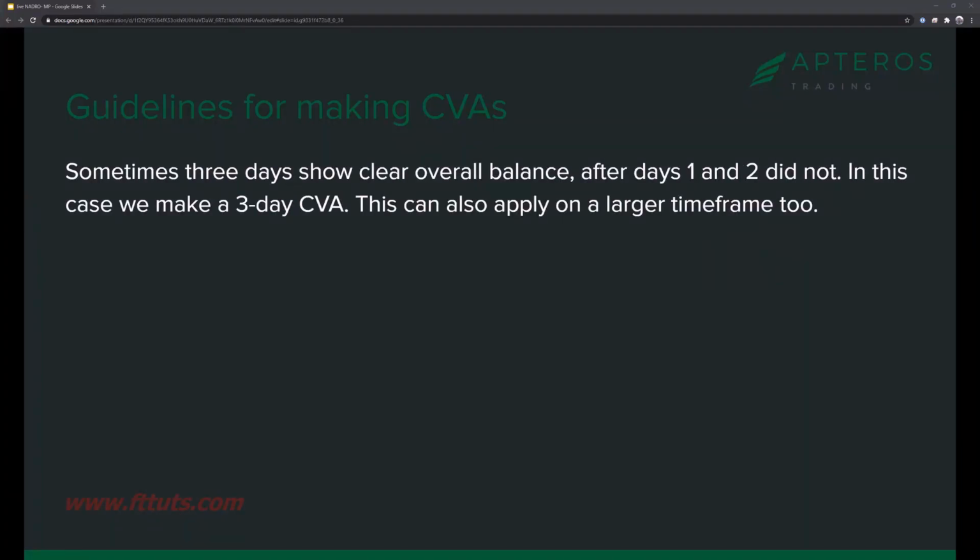Sometimes 3 days show clear overall balance after days 1 and 2 did not. In this case, we make a 3-day CVA. So sometimes you might have day 1, maybe day 2 is mostly like this, and you decide, you know what, there's no value overlap, we're not merging them. Great, good decision.